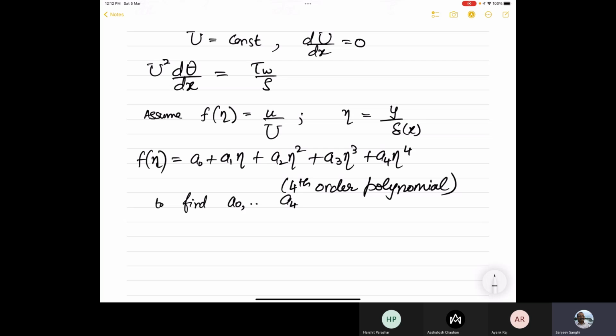So we have to find these constants A0 to A4, and for which we will use the boundary conditions.